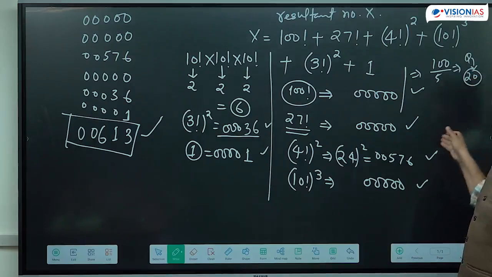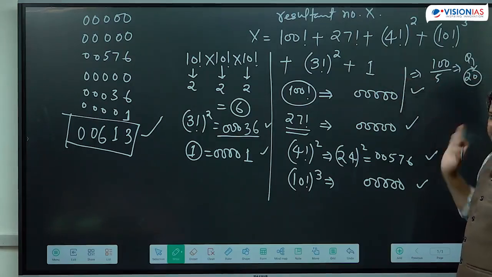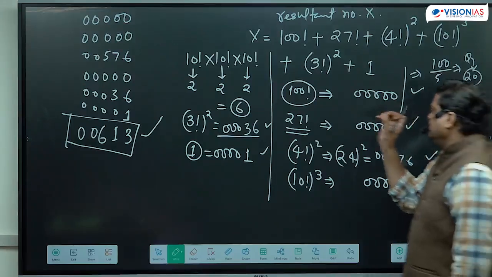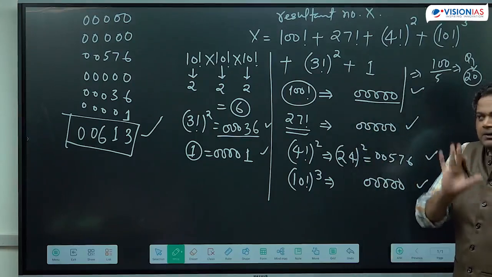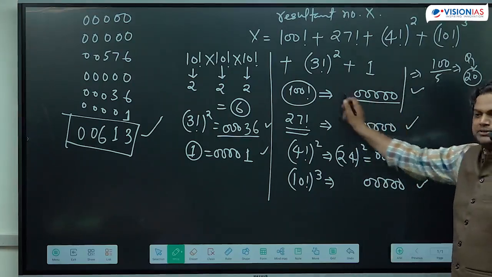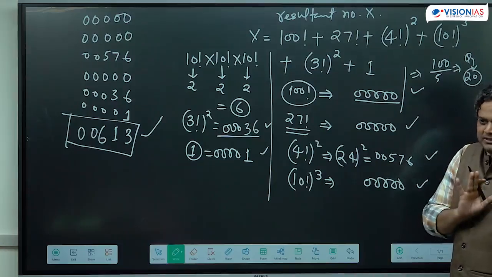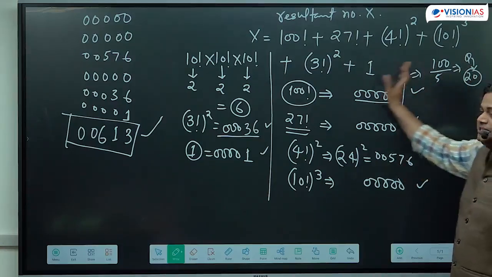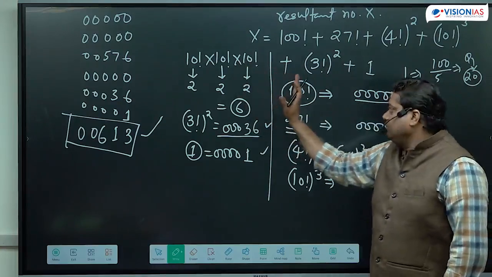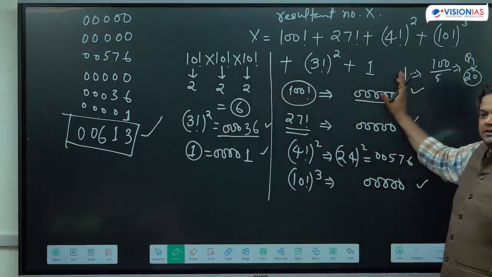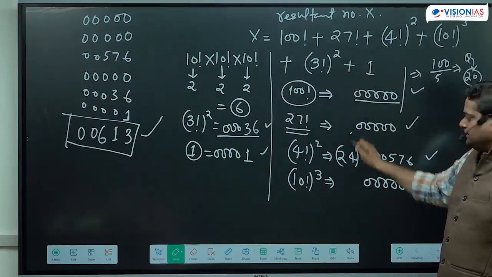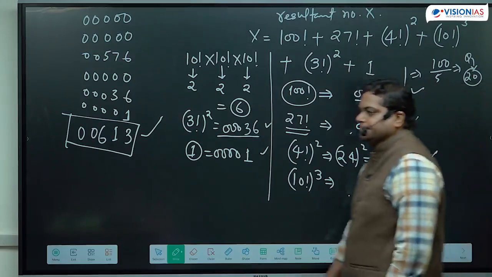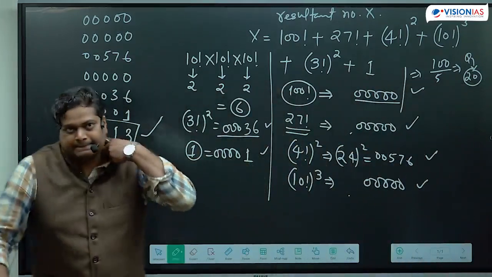That means more than 20 zeros are there in 100 factorial. And we just need to look at the last 5 digits, so the last 5 digits will be 0 0 0 0 0 only. Nothing else is possible, because more than 20 zeros are there and we are looking for the last 5 digits. So the last 5 will be zeros only. The same way for 27 factorial and other numbers. Okay.